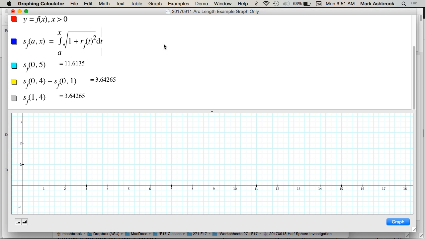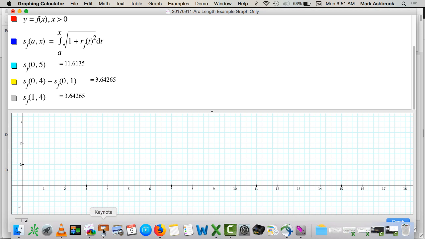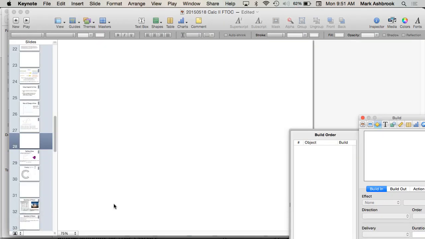Okay, so then let's move on to surface area. We're going through these different applications of our integral of accumulation. The integral is about the net accumulation of a quantity, and we can talk about lots of different quantities.